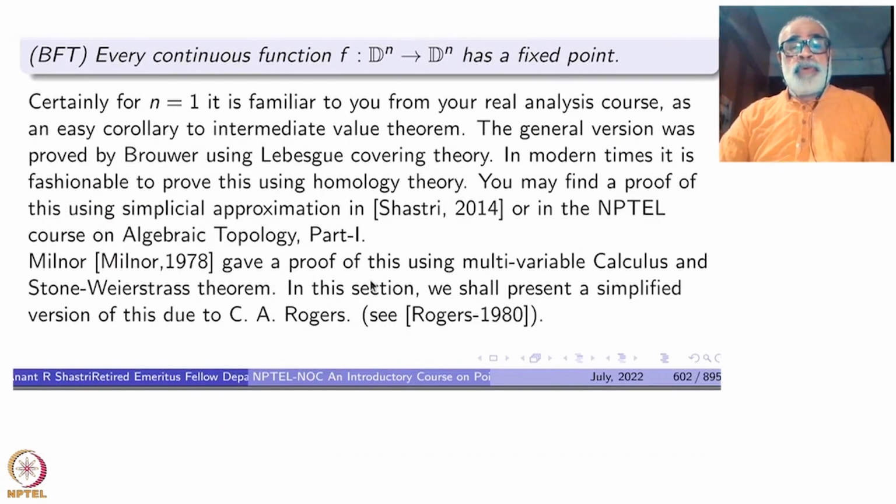Milnor gave a proof of this using just multivariable calculus and the Stone-Weierstrass theorem. In fact, the Stone-Weierstrass theorem for functions defined on a closed and bounded subset of Rn is much easier than the general Stone-Weierstrass theorem. So, in this section we will present a simplified version of Milnor's proof, and that is due to C.A. Rogers.